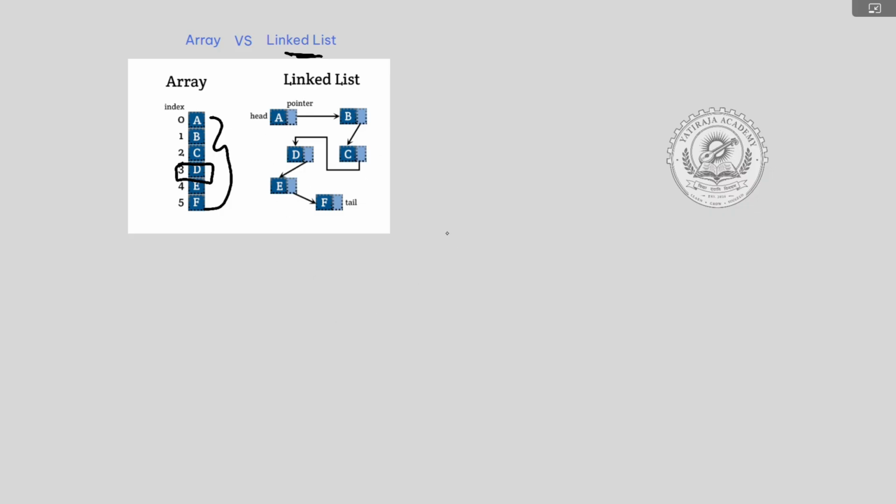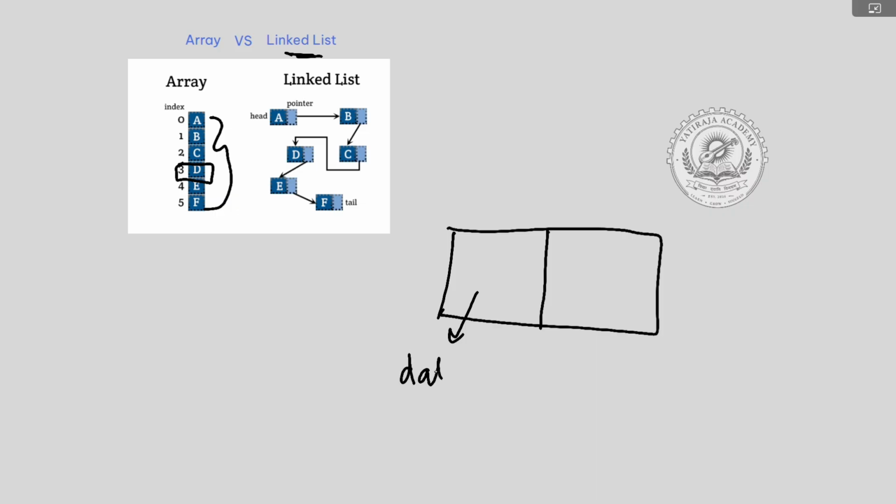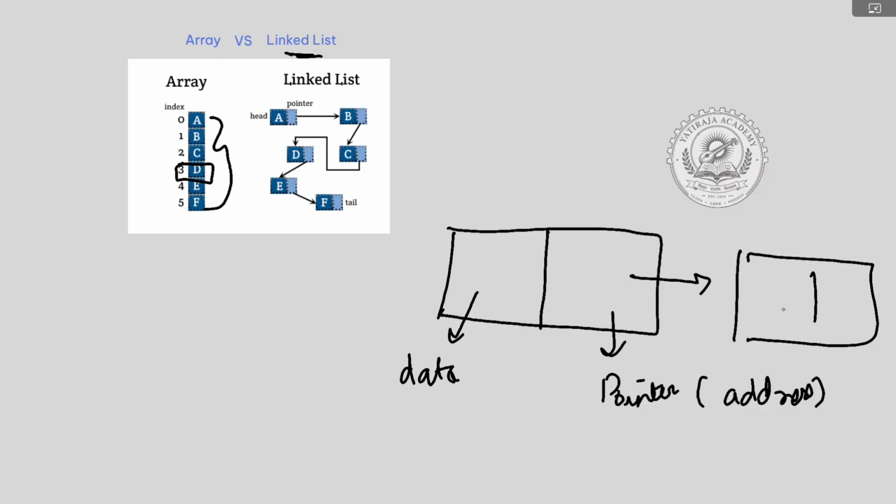A linked list has nodes. A node is separated into two parts: one, the data part, and another, a pointer or address. This pointer points to the next node's address.